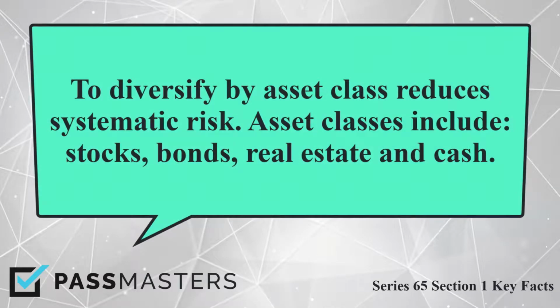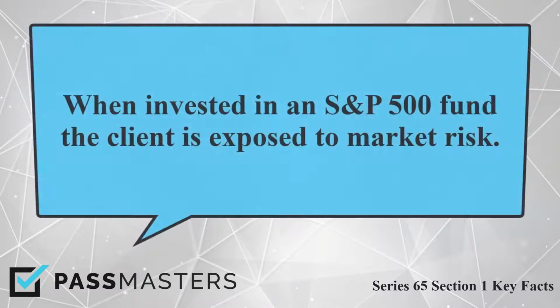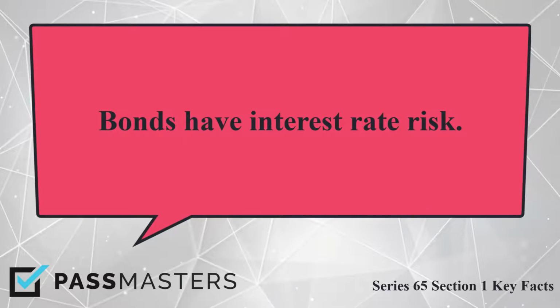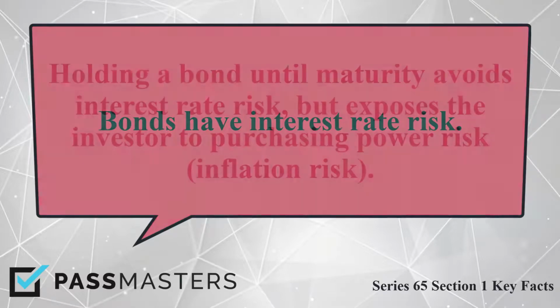To diversify by asset class reduces systematic risk. Asset classes include stocks, bonds, real estate, and cash. When invested in an S&P 500 fund, the client is exposed to market risk. Bonds have interest rate risk.